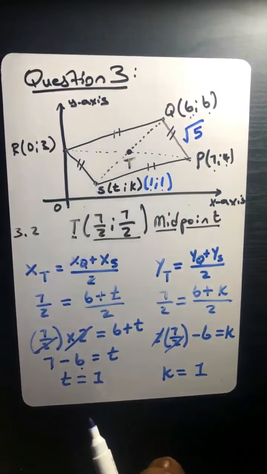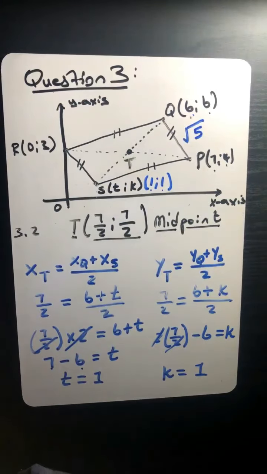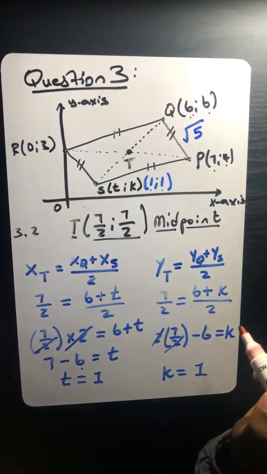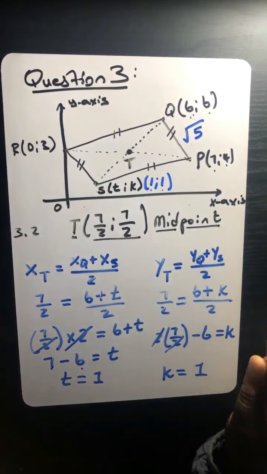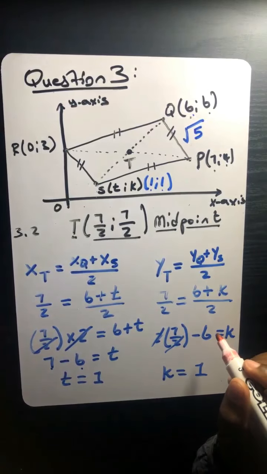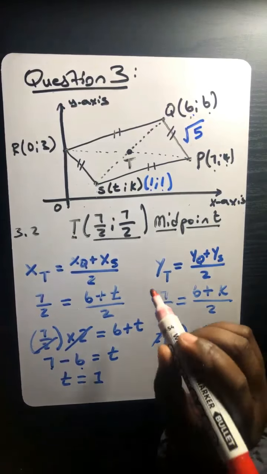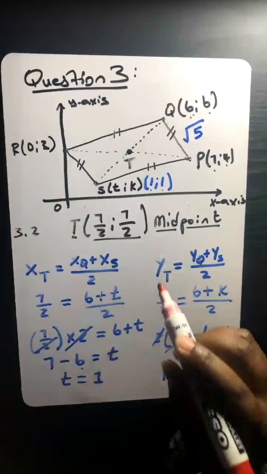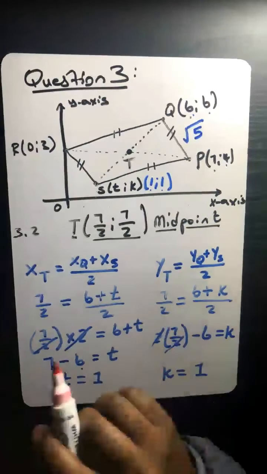So guys, this is how you score yourself 3 marks. So you easily score those marks, guys. This question is not that difficult. So for you to substitute correctly, guys, I'm going to give you a mark over there.